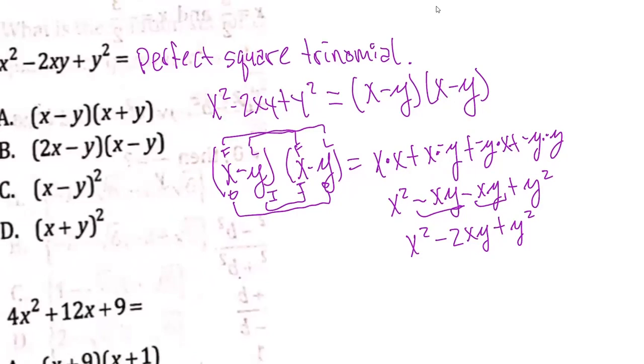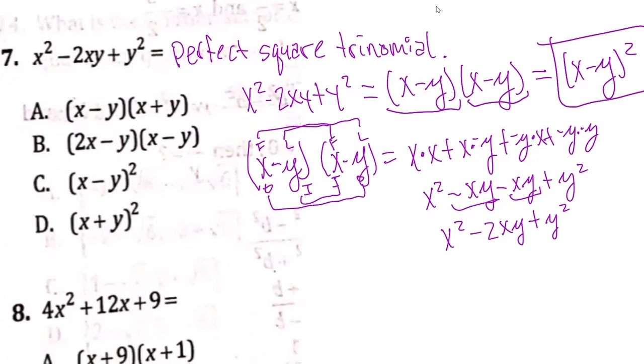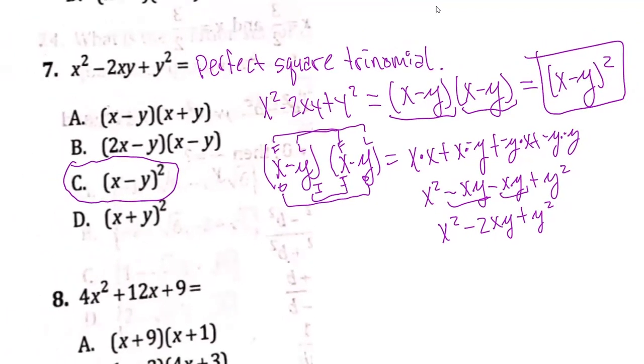So if you could see here, x squared minus 2xy is the same as this, so we did it right. And then if we simplify this here, there's two of them. So that means x minus y squared is your final answer. So your answer here is C. And that is how you do that one. All right, it's a bit tricky if you don't know what to look for.